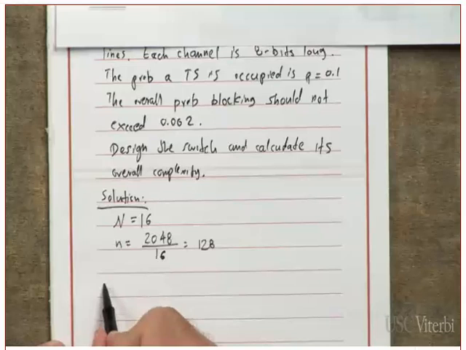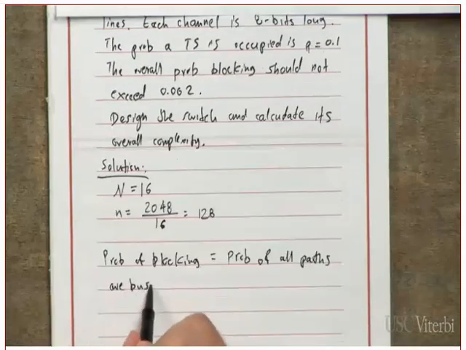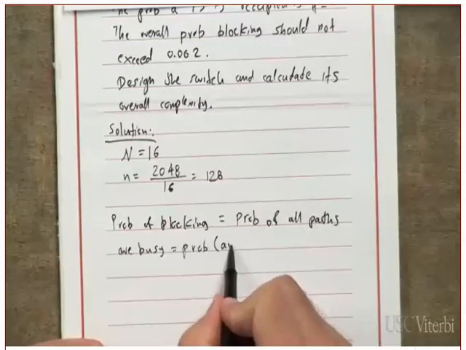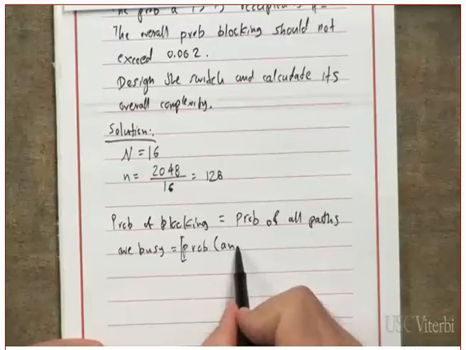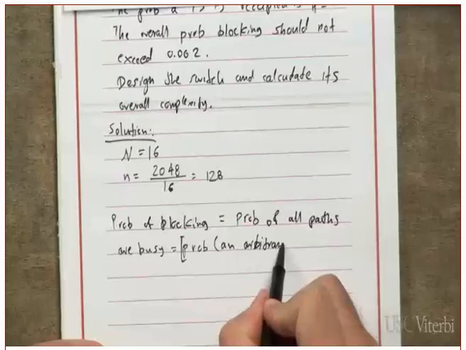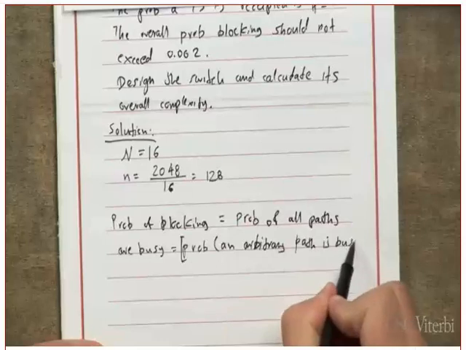And then what else we have? This is equal to the probability that at least one line in a path is busy, to the power of k.